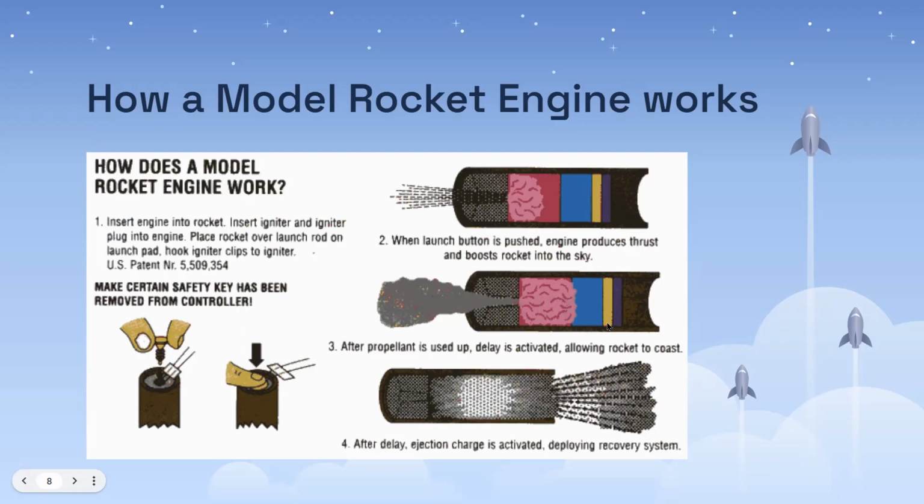And then there are also reloadable motors, which allow you to reuse the outside casing. Instead of buying new motors every time, you only buy the propellant and then you put the motor together yourself, thus saving cost, but that also makes for more margin of error because you're the one putting the thing together rather than the manufacturer.